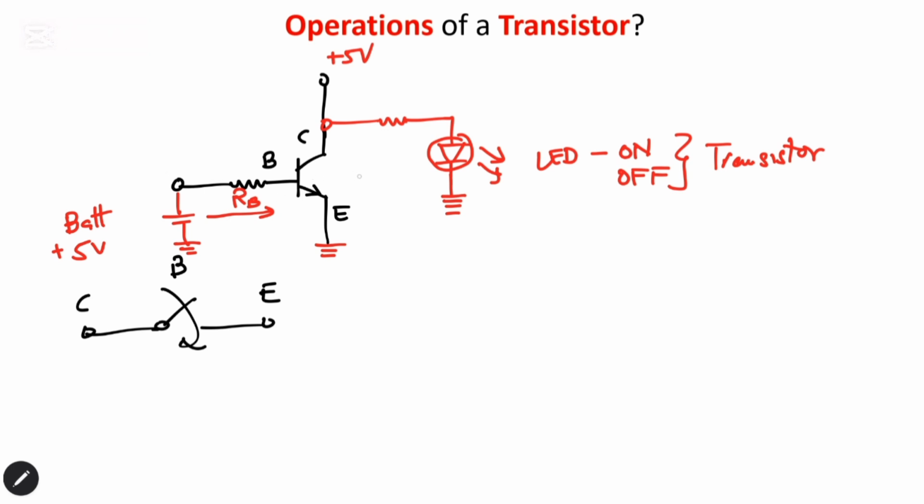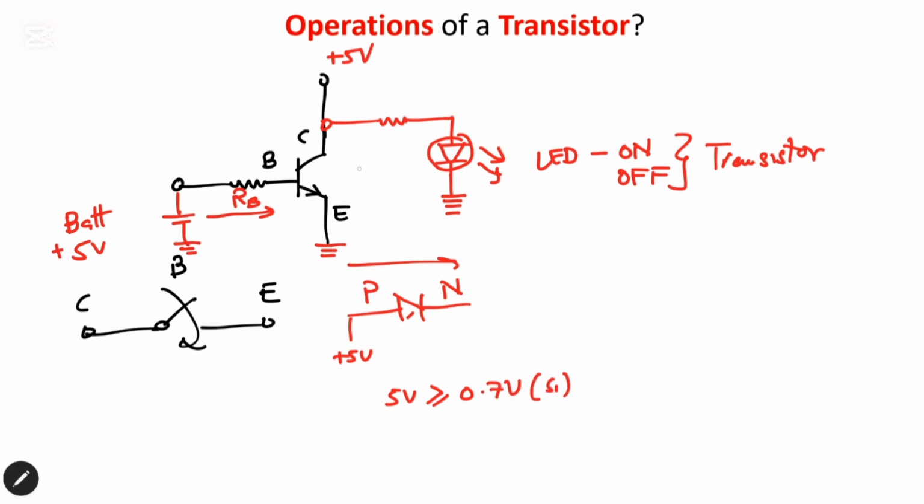And we know that between the base and the emitter is a PN region. So if we connect a positive 5 volts in this region, it will allow the current to pass through, because 5 volts is greater than or equal to 0.7 volts for a silicon diode.